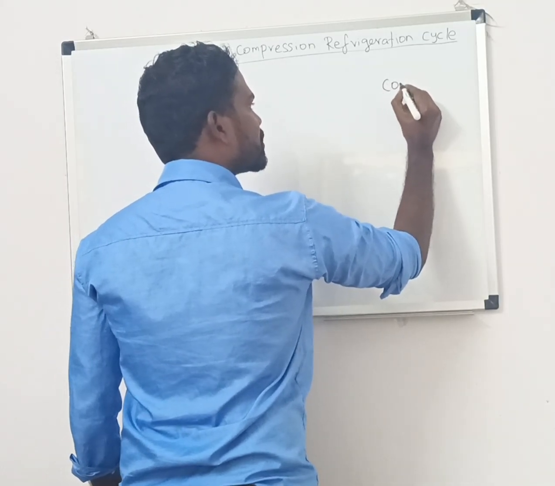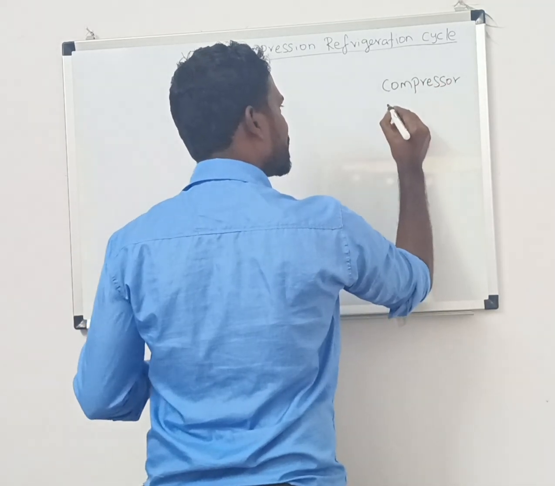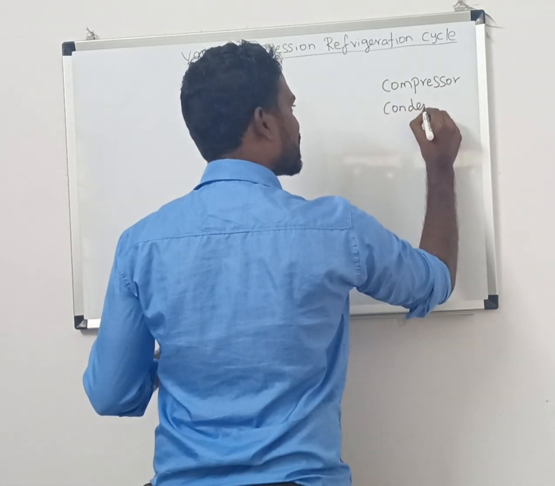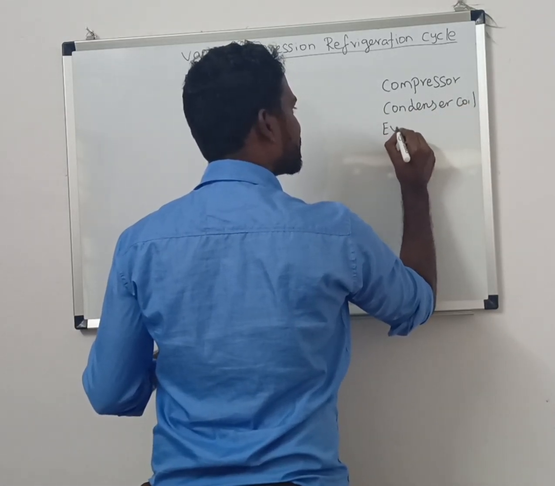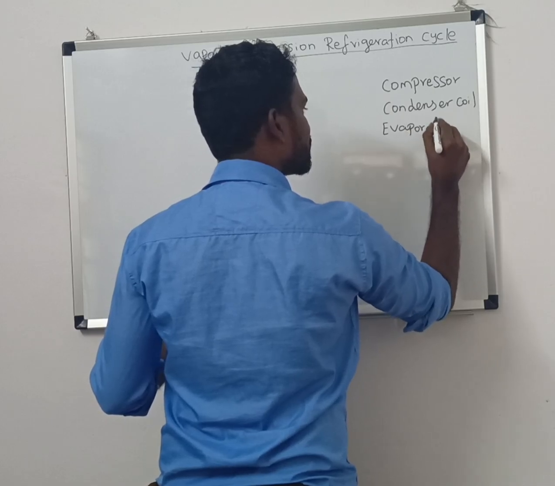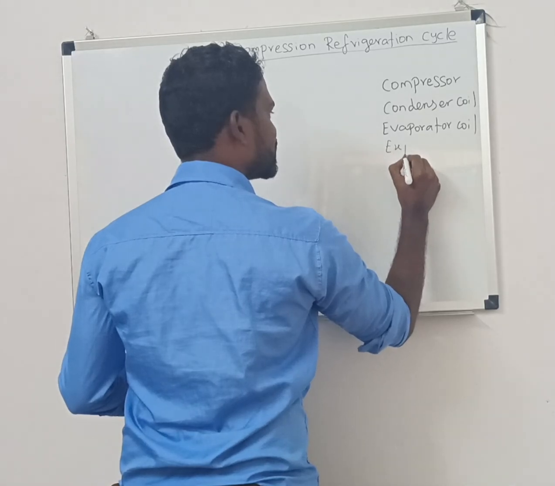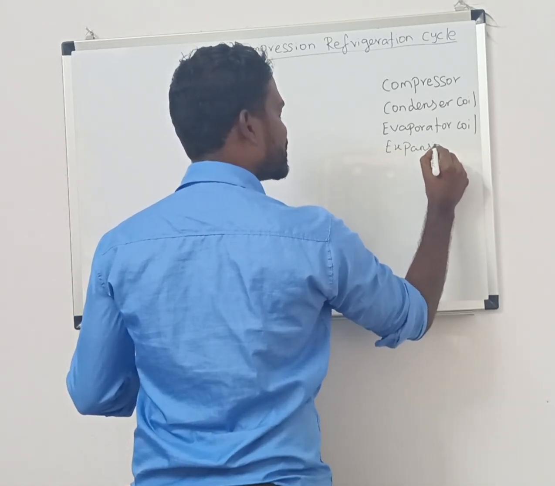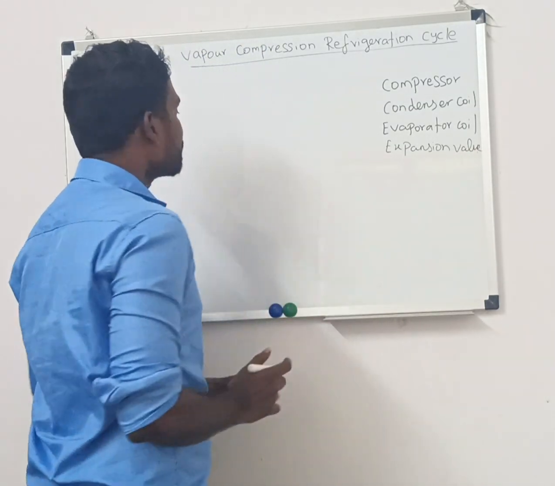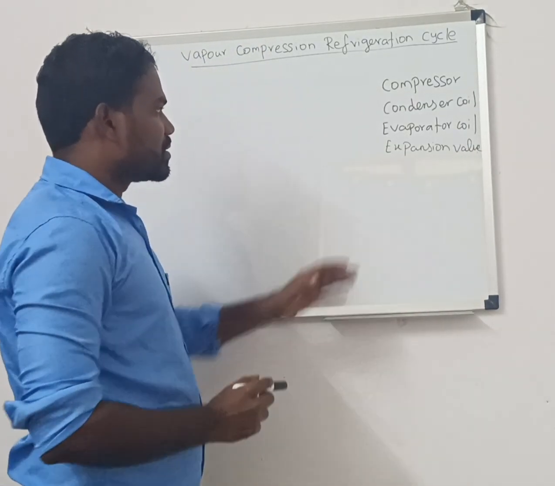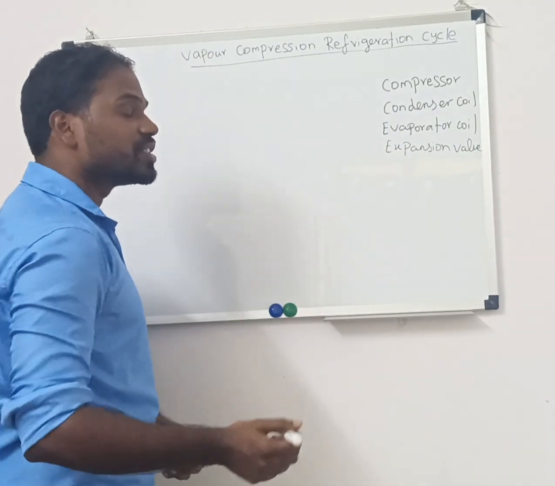First is the compressor, then the condenser coil, the evaporator coil, and the expansion valve. These are the four major components we'll be using in the vapor compression refrigeration cycle.